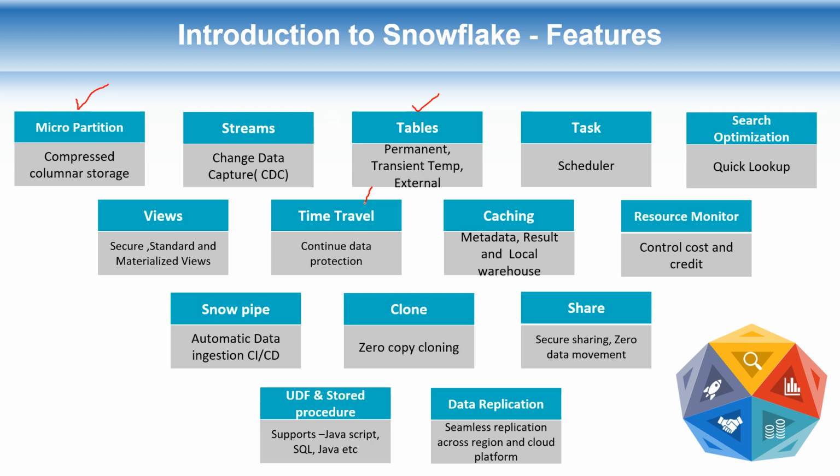Time travel is again an advantage, plus it is associated with cost. As we already know, Snowflake will charge you based upon storage and compute, so it falls under the storage cost. We need to use the time travel facility, but we also cannot spend more.